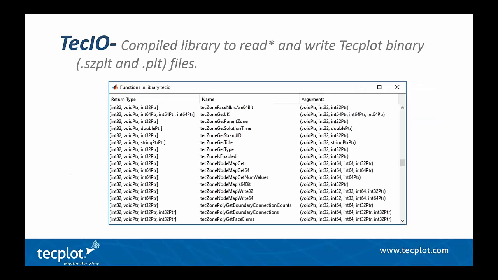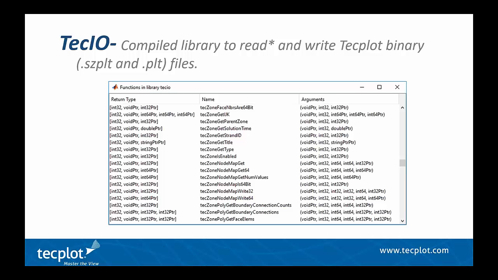So we've been throwing around TecIO throughout this presentation. What is it? It's a compiled C library, which can access the information in the Tecplot binary files. It can write both SZPLT and PLT files.